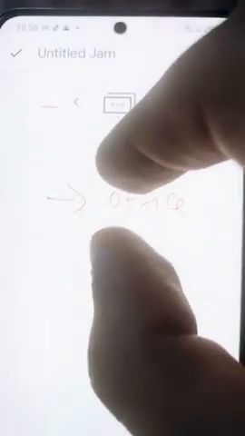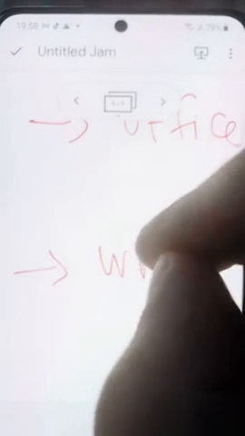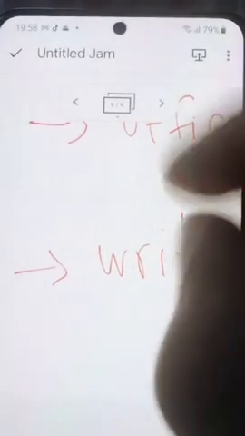Office is... so basically it's translated like this.